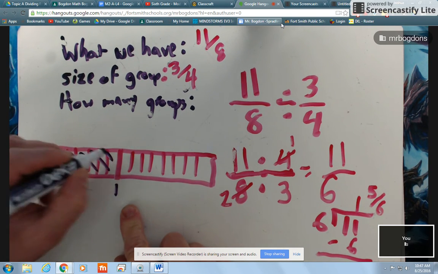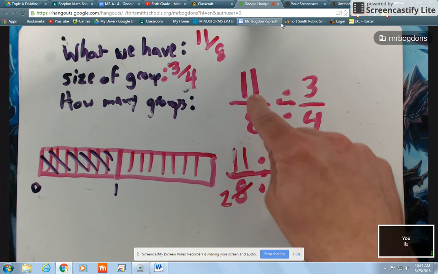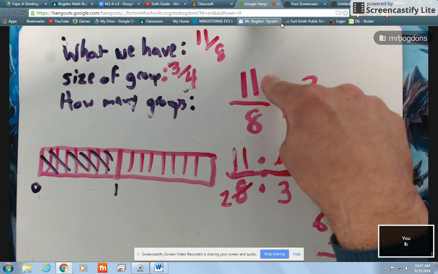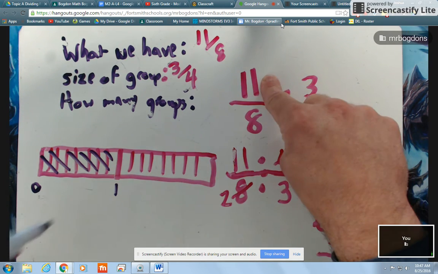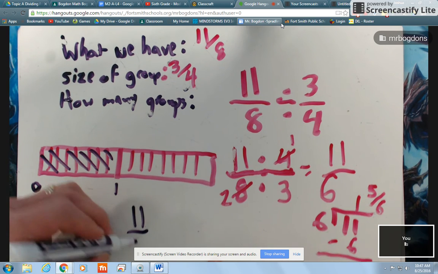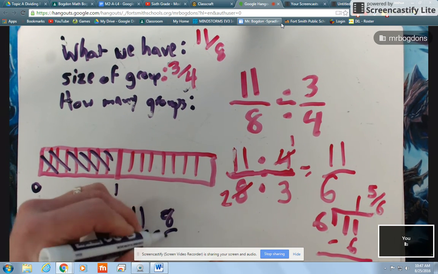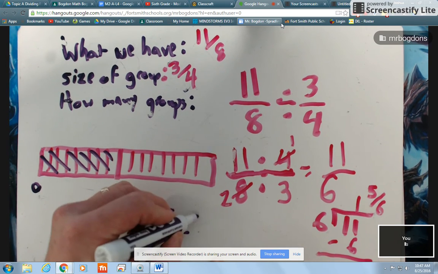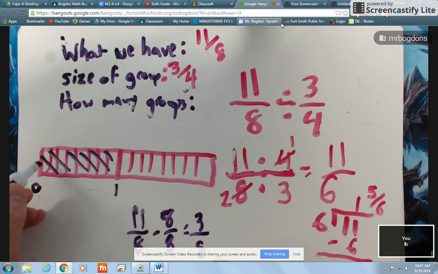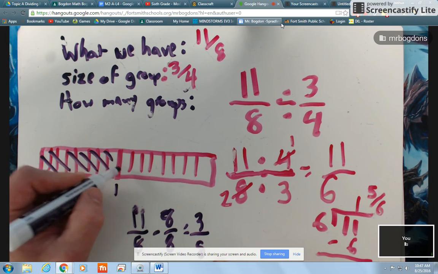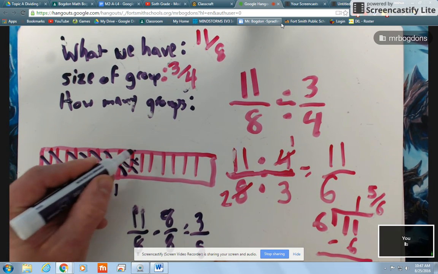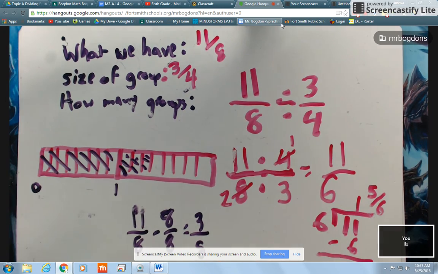Now, I know that I still need to go 3 more because what is 11/8 minus 8/8? 3/8. Or I can just count 1, 2, 3, 4, 5, 6, 7, 8, 9, 10, 11.